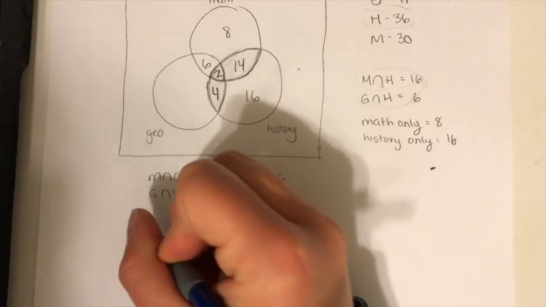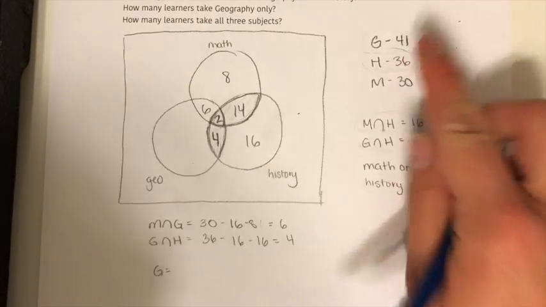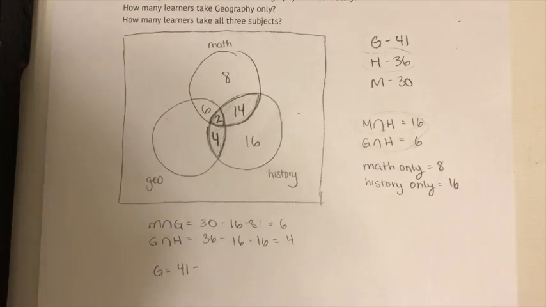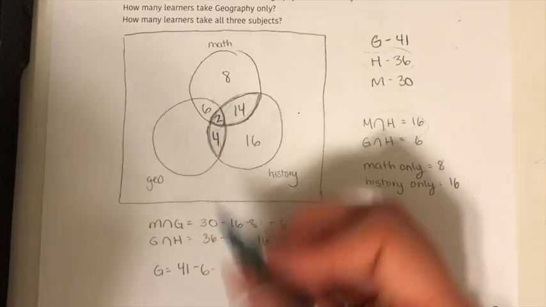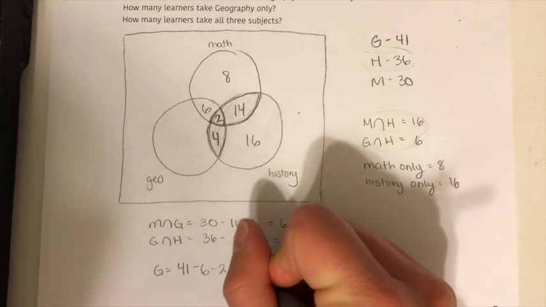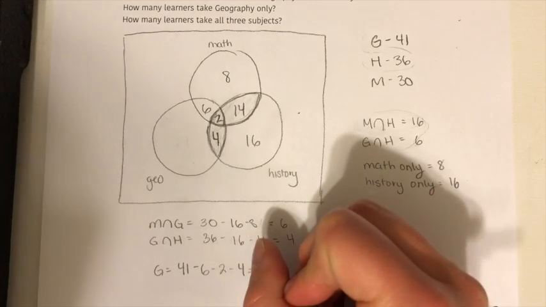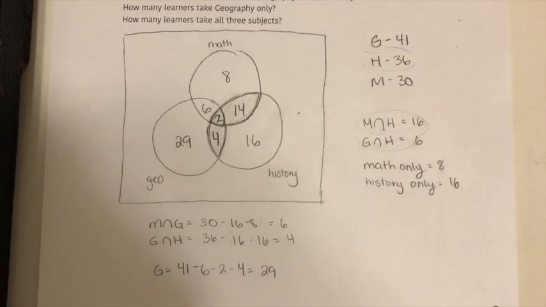Then for geography, we know that there's 41 people. So up here, there's 41 people total taking geography, minus the 6 who are also taking math, minus the 2 who are taking both of the other options, and minus the 4 who are taking the history. Now we're going to have 29 people just in geography.